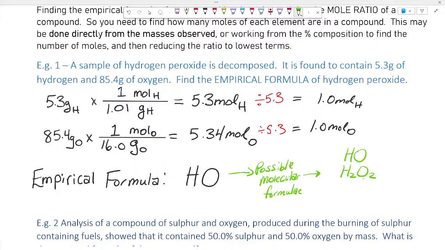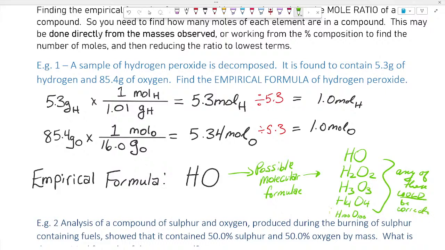Does that make sense? That also has a 1-to-1 mole ratio. It could also be H3O3. It could be H4O4. Obviously, this could stretch out all the way to, could it be potentially H100O100? So on and so forth. You could just keep going. Does that make sense? Any of these could be correct without other evidence.